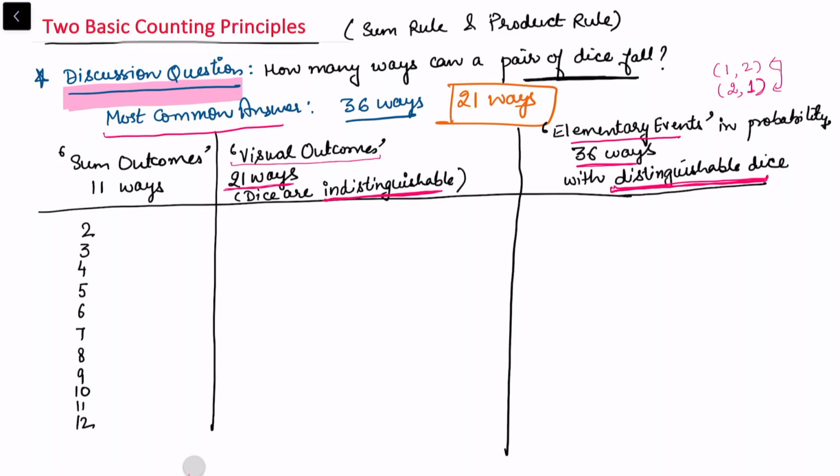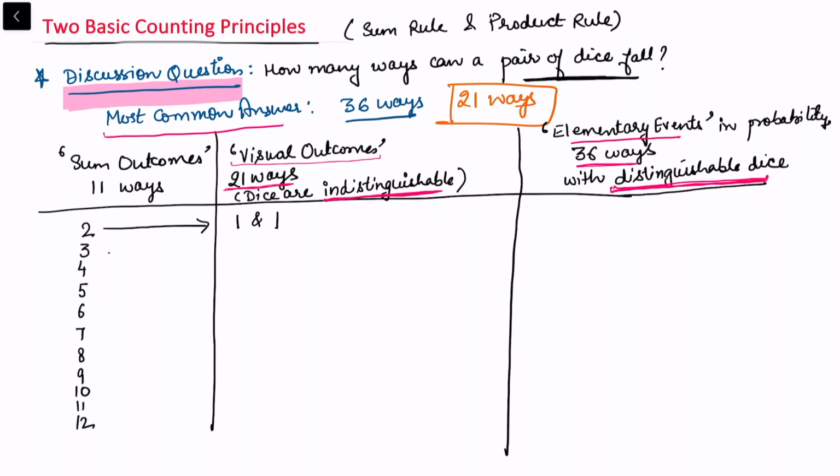Keeping these things in mind, for distinguishable or indistinguishable, whenever the sum is 2, the only possibility is 1, 1. Rather than writing it as an ordered pair, we'll simply write 1 and 1. So both dice are giving us the option 1.